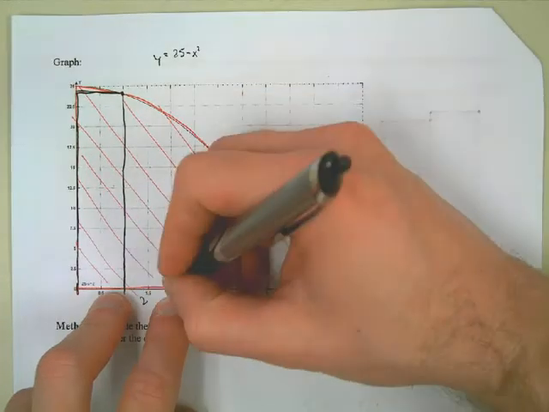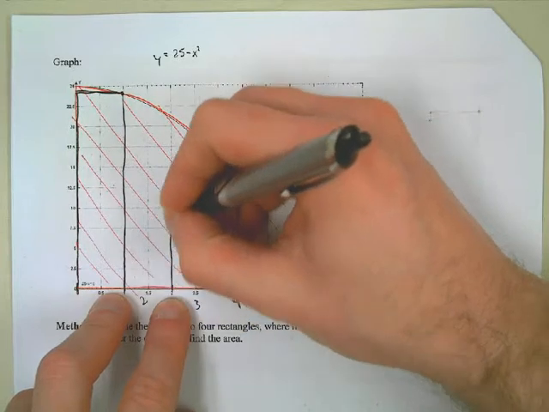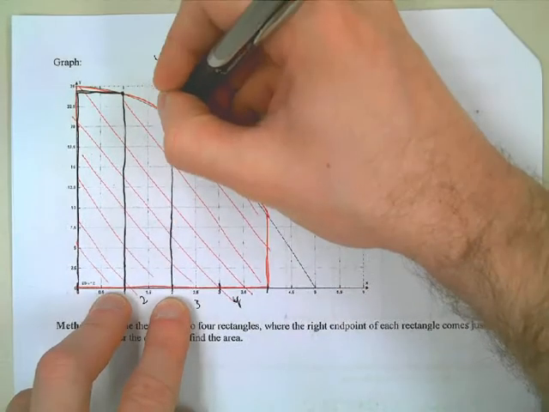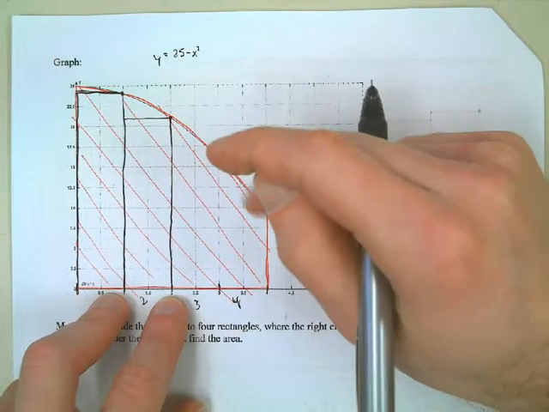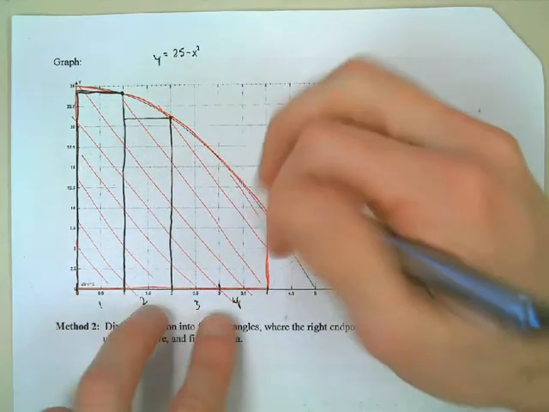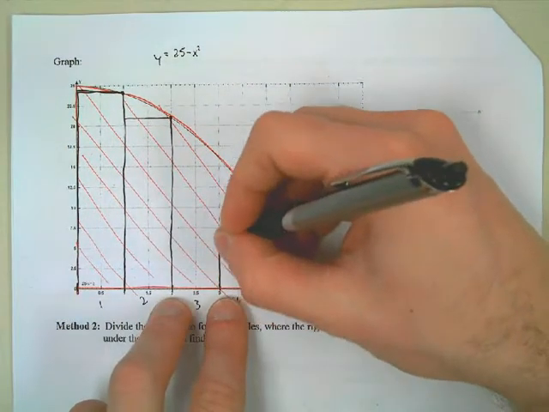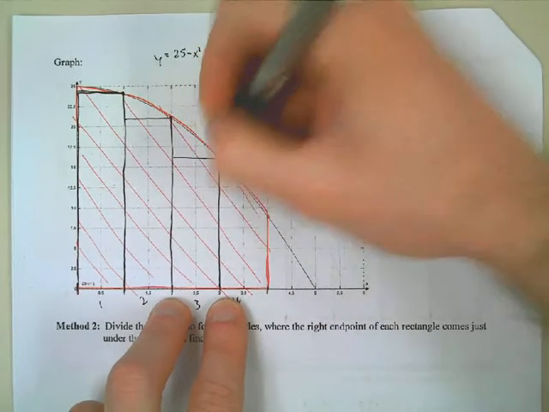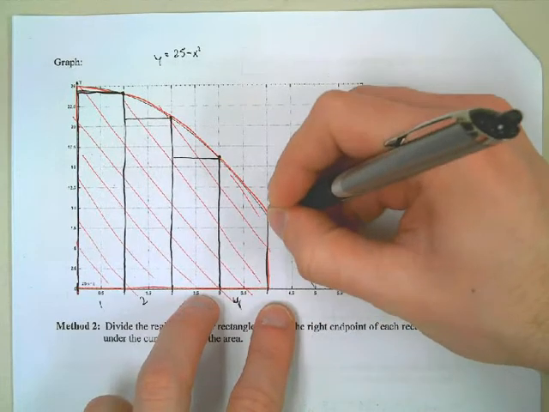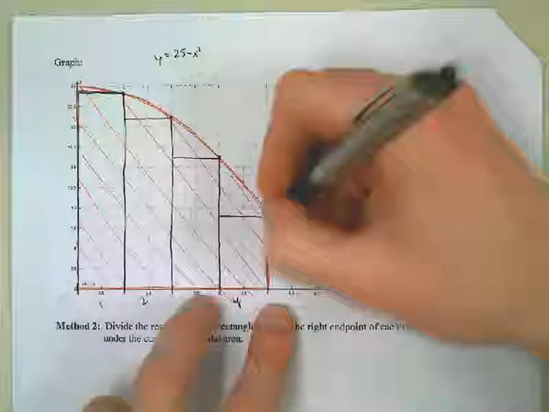So you're going to go up to the curve, over, and a question. So would this be like an under approximation? Yes, exactly right. That's what we're leading up to here. It's going to be an under approximation. Okay? And then finally, 4. There you go.